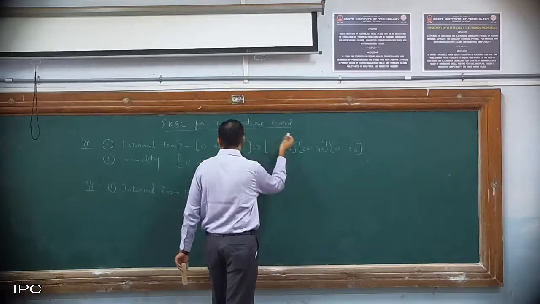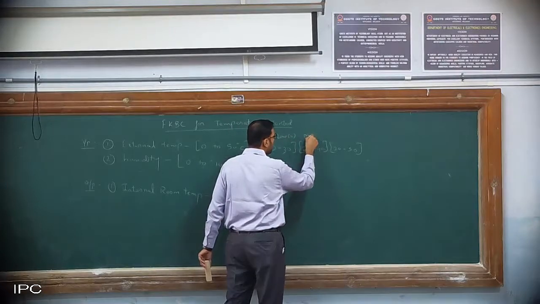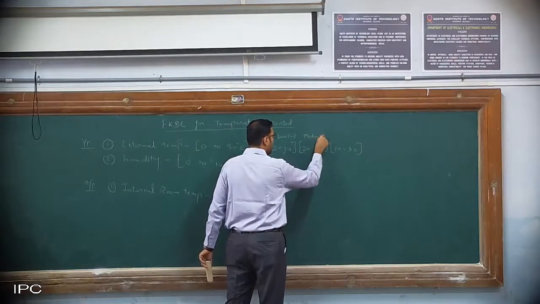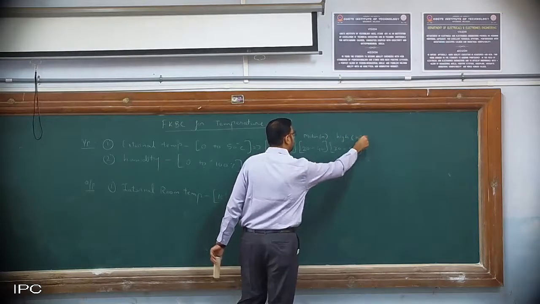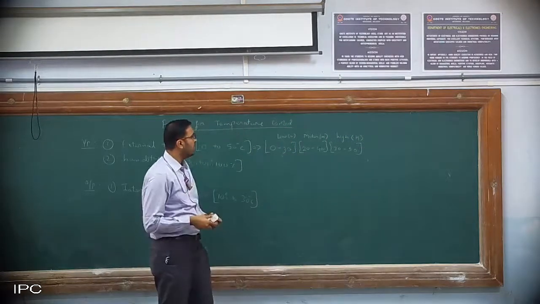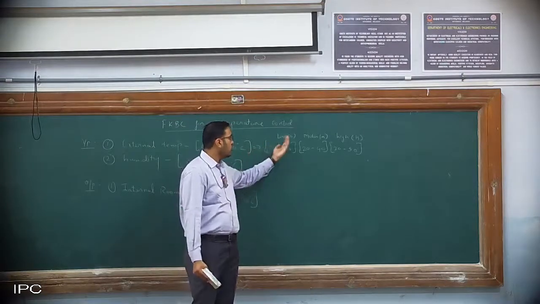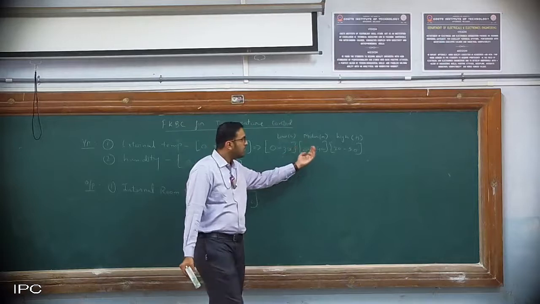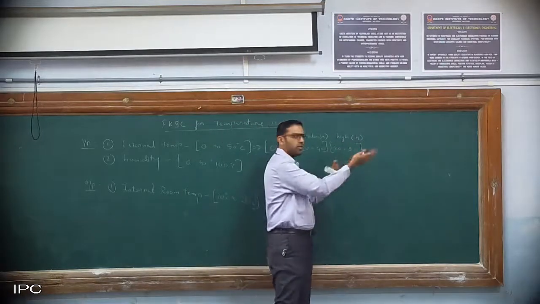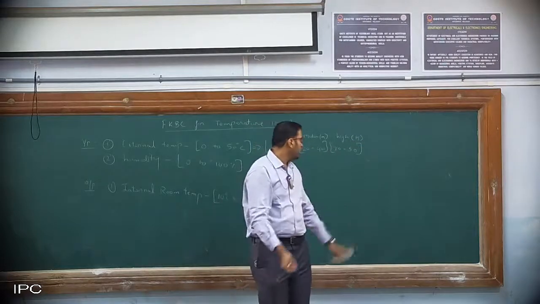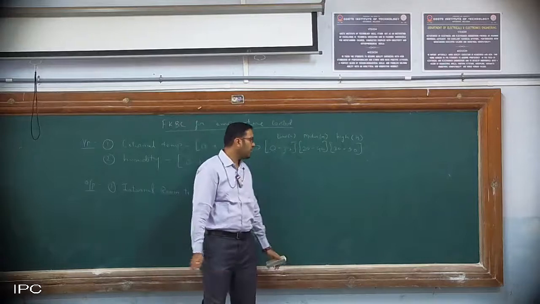So we can say that external temperature is low, that is L, medium, that is M, and high, that is H. So we have categorized it as low, medium and high. It can also be categorized as extremely low, low, medium, high and very high, in which case we would be dividing it into further categories. But for simplicity we have just kept it as low, medium and high.